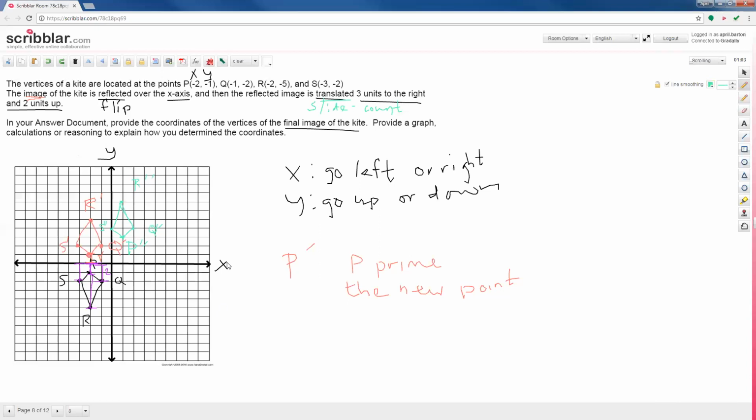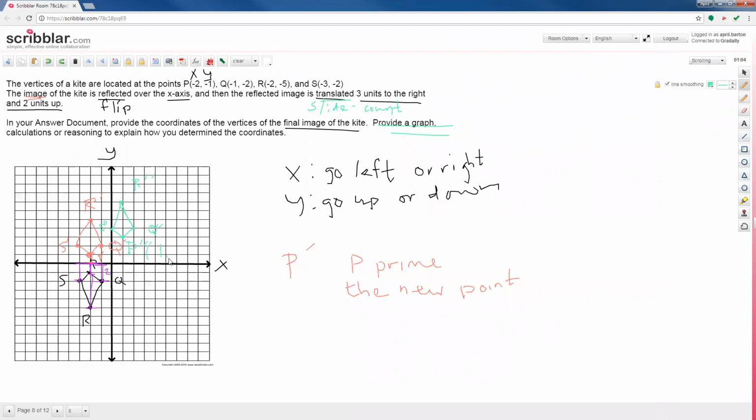They should give you full points for that because one of the instructions just said provide a graph or the final coordinates. But you could actually list the coordinates by counting from the origin. So to write any coordinate, you always go from the origin. So like point P double prime, you went right 1, up 3.